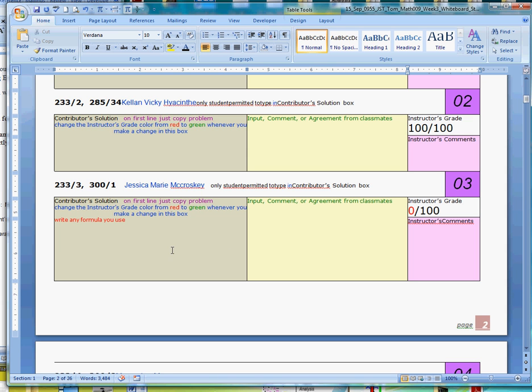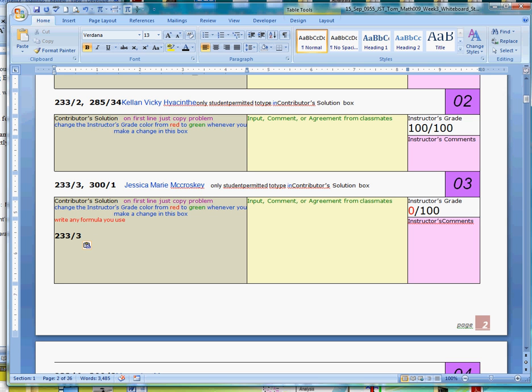The instructions for the format that you use are quite clear, and they're spelled out in the instructions to your weekly assignment, and they should be followed. First, in the contribution box, the first thing that you do is to copy the actual problem, page and problem that you're now working on.